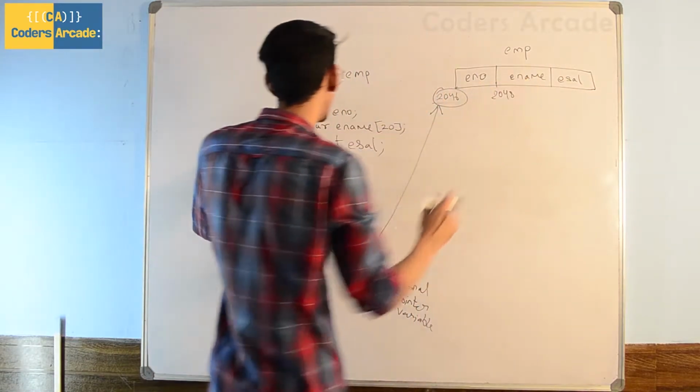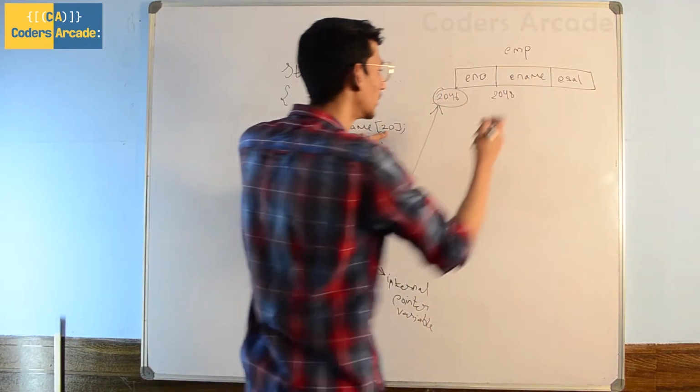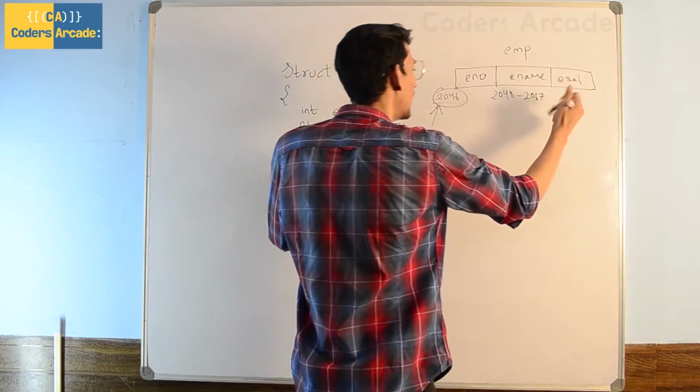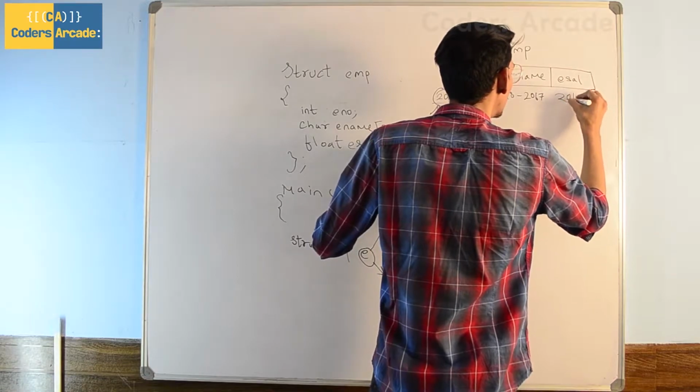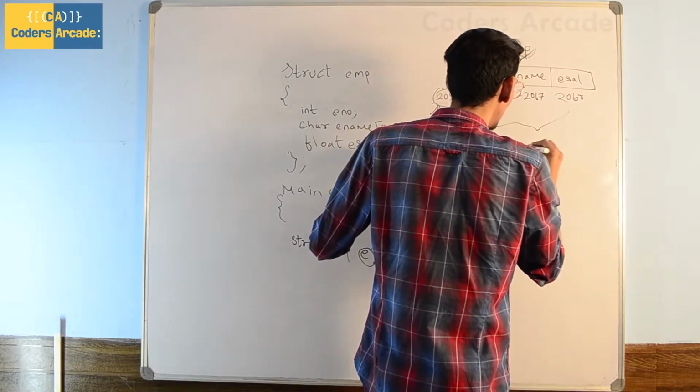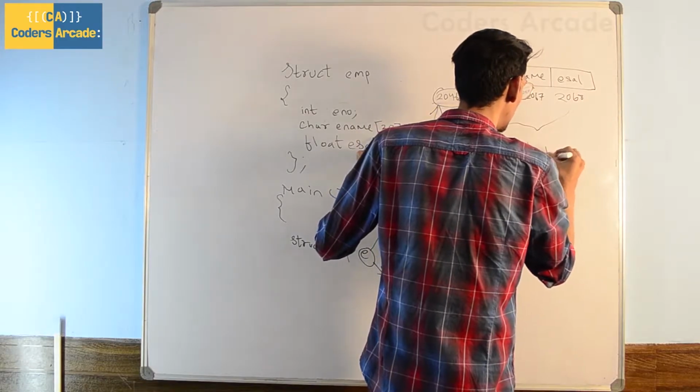And E name will occupy 20 bytes, so from 2048 to 2067, and employee salary will start from 2068. So in total, they will occupy 26 bytes of memory.